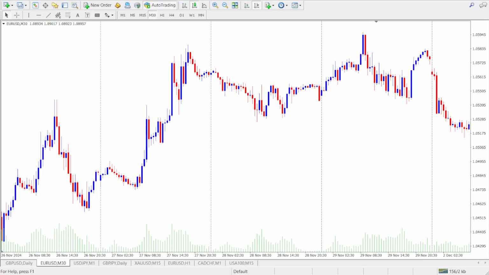In this video, we are diving deep into one of the effective trend reversal indicators that you can use on MetaTrader 4. Specifically, we are going to be looking at the target bands indicator.